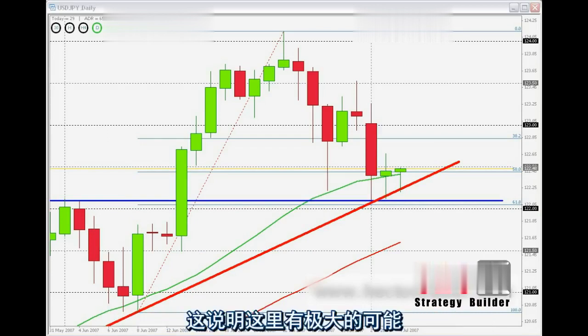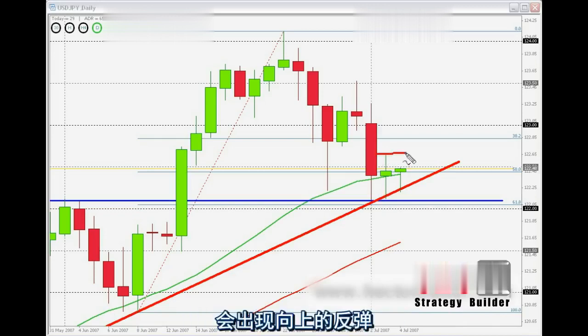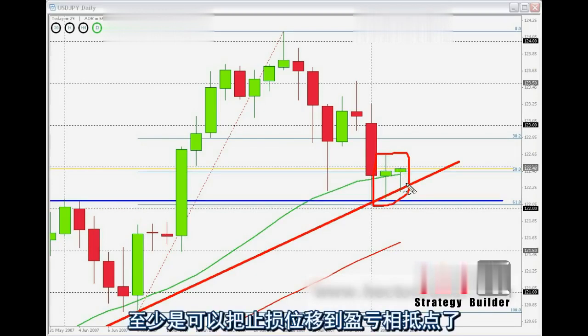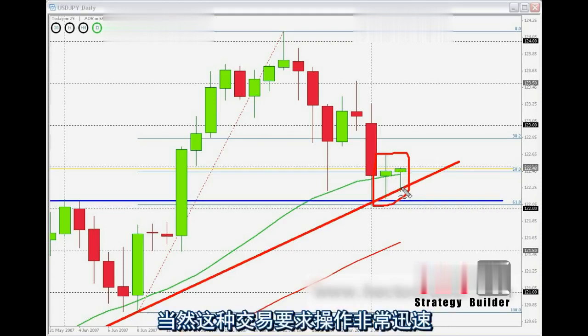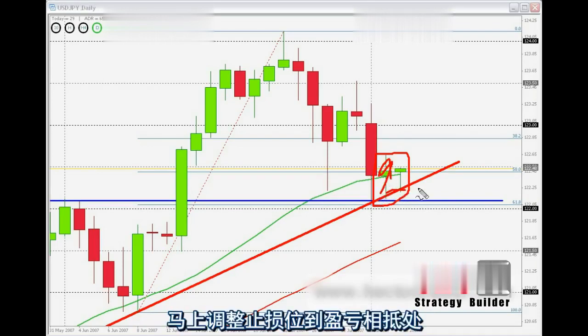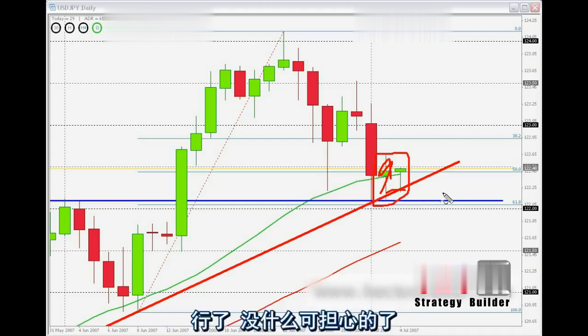That means that it's very, very probable that you might see a bounce to the upside, at least a temporary, short-term bounce to the upside, just enough to move your stop to break even very quickly. You've got to be very nimble with this kind of trading. You get filled in, price moves up 15 pips, bang, stop loss to break even. It's a free trade.